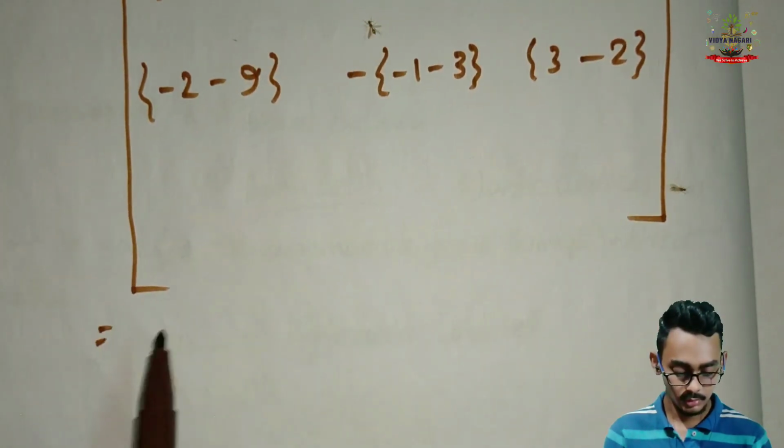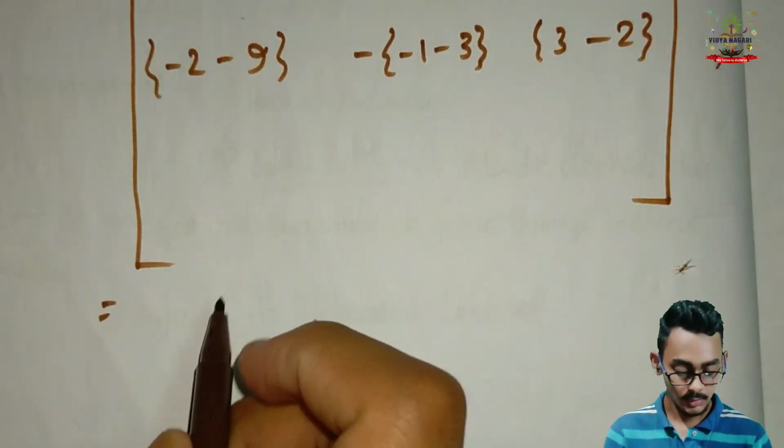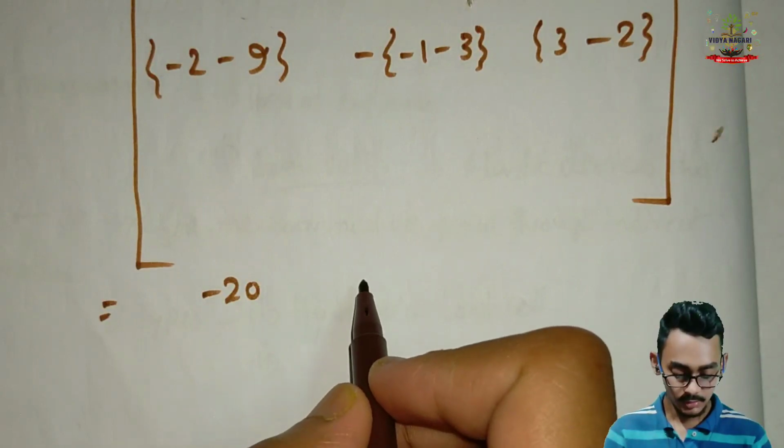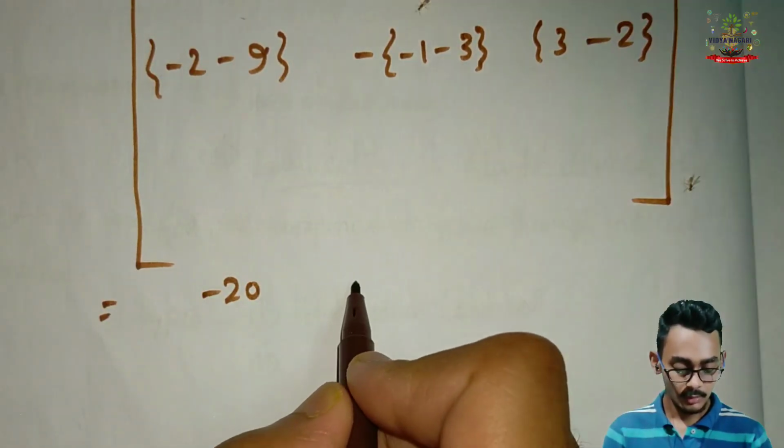Now we have to solve this. Minus 21 plus 1 means minus 20, minus 8 and minus of minus 8 means plus 8.